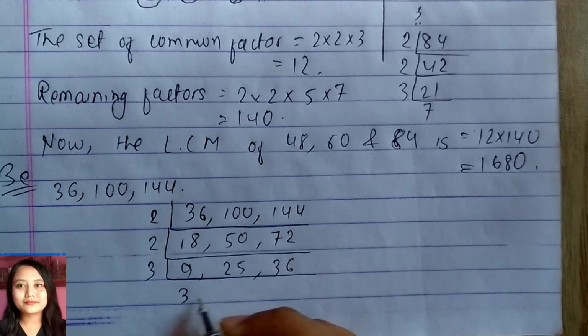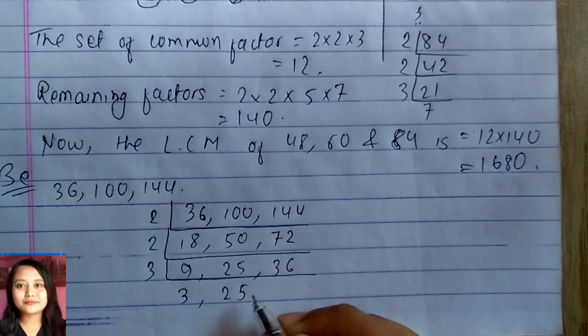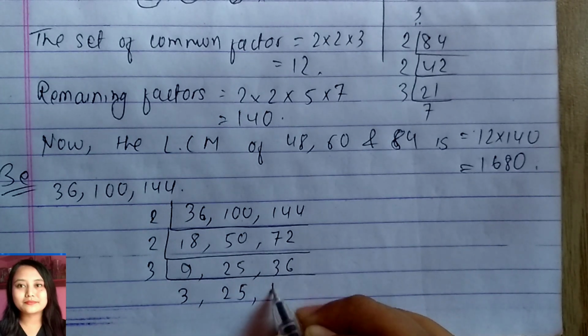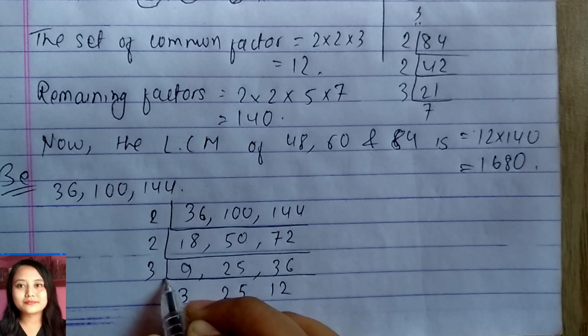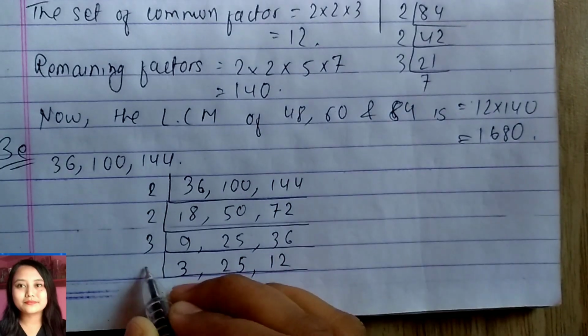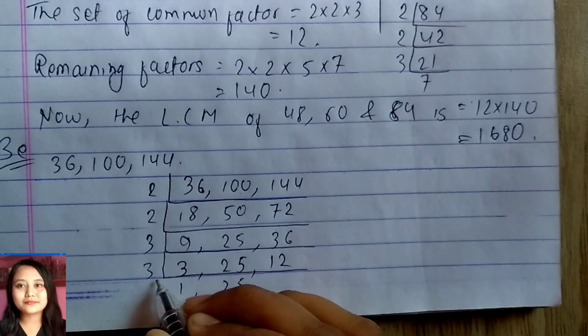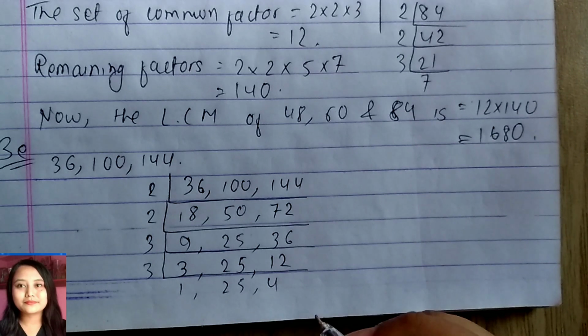3 3 is 9. Okay, 25 it cannot divide, so we'll be writing here 25 only, and 3 2s are 6, 3 12s are 36. Again 3 can divide, 25 will be remaining here, and 3 4s are 12 will be there, right?